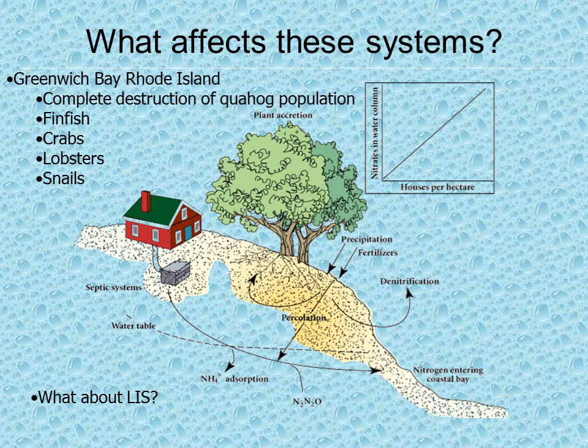And after World War II, a lot of the soldiers came back, and as part of welcoming them home, they built these small one, two, three bedroom homes right on the water that had septic systems in there. And those septic systems, let's say they were built in the late 1940s, started to fail in maybe the late 1980s, early 90s. And so you had a lot of nitrogen going into Greenwich Bay.